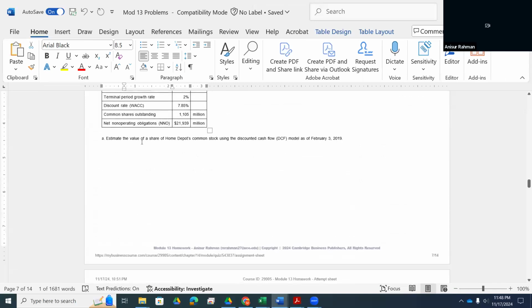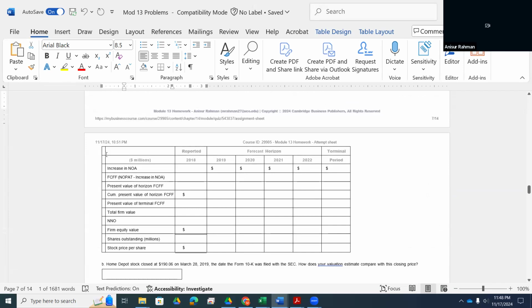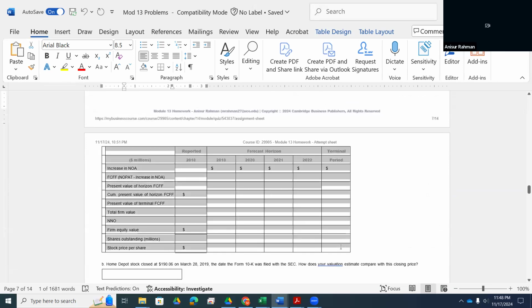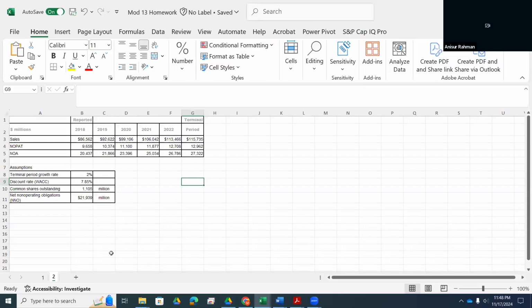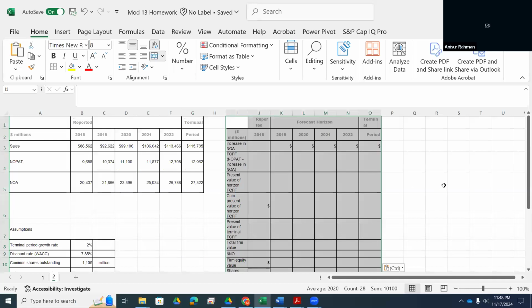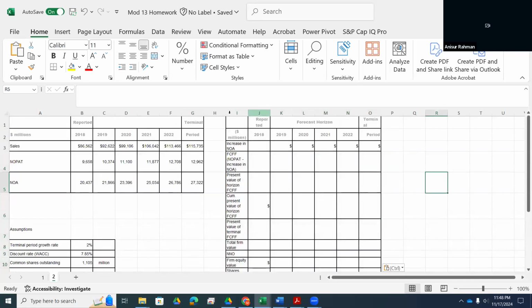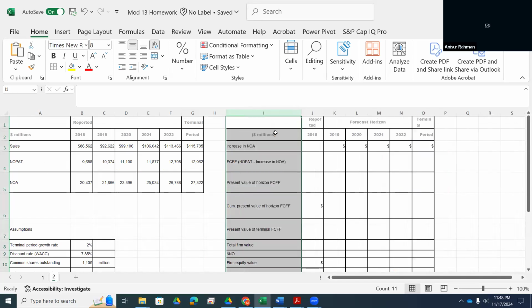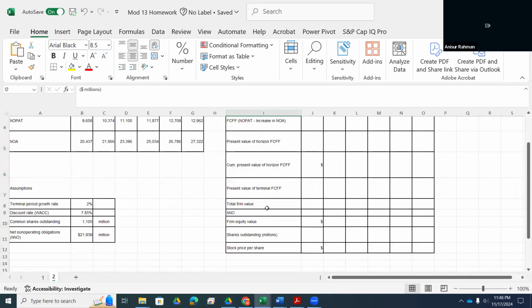So estimate the value of a share of Home Depot's common stock. So I'll also copy these, or paste here. And then this is too much space.